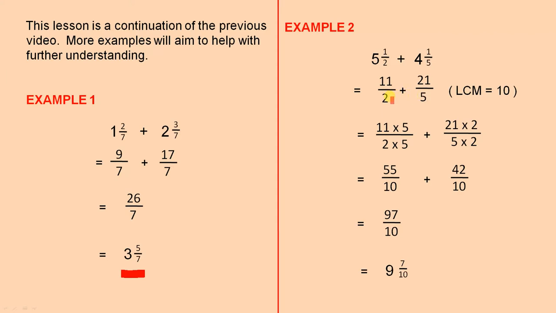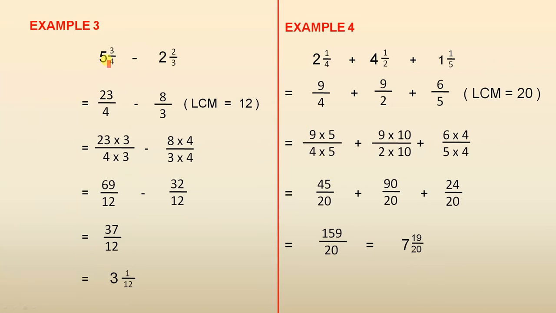For that denominator to be 10, multiply top and bottom by 5. We've done that here to give us 55 over 10. For that denominator to be 10, multiply top and bottom by 2. We've done that here to give us 42 over 10. Add those two fractions together to give us 97 over 10, which is 9 7/10.